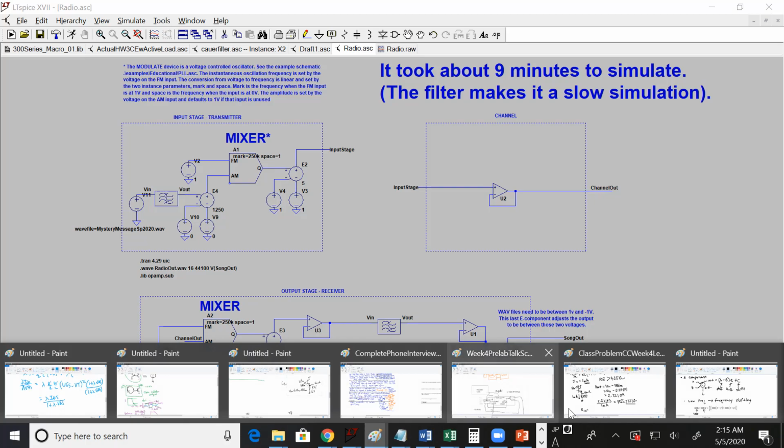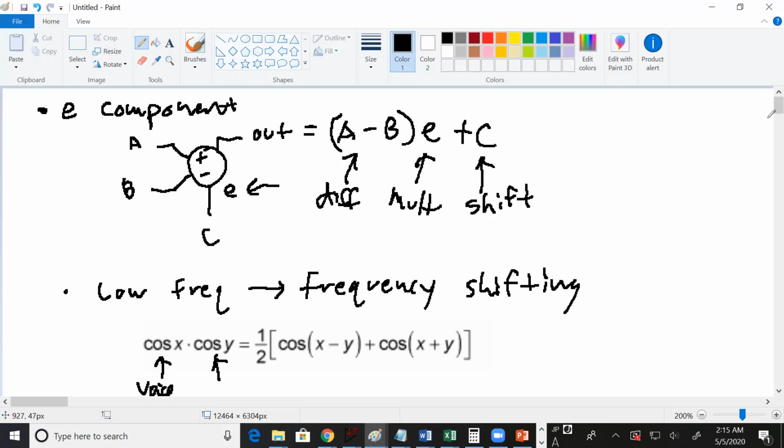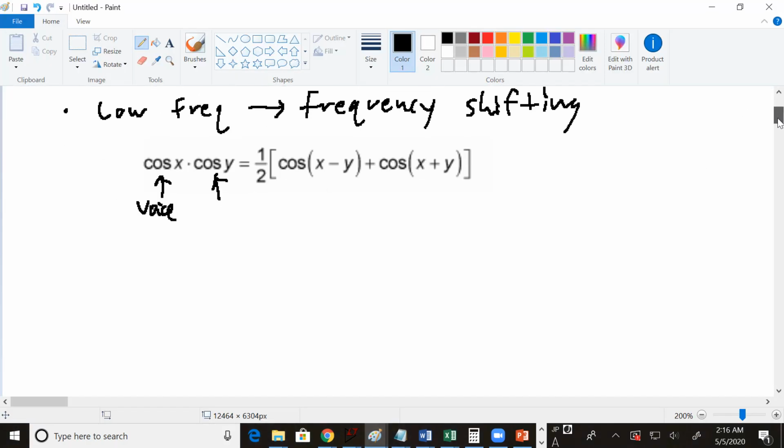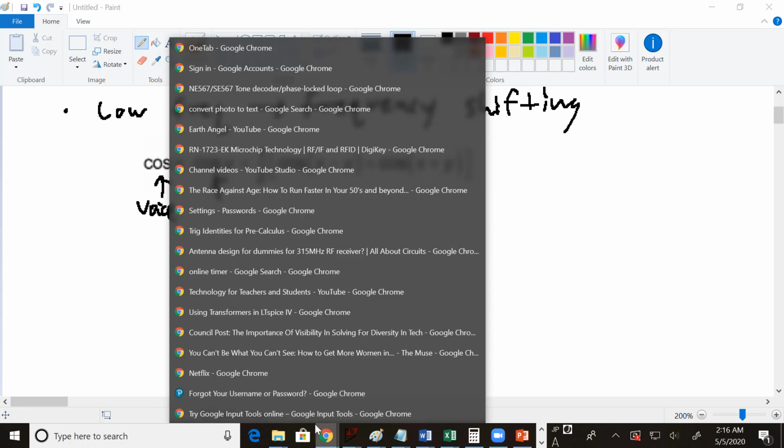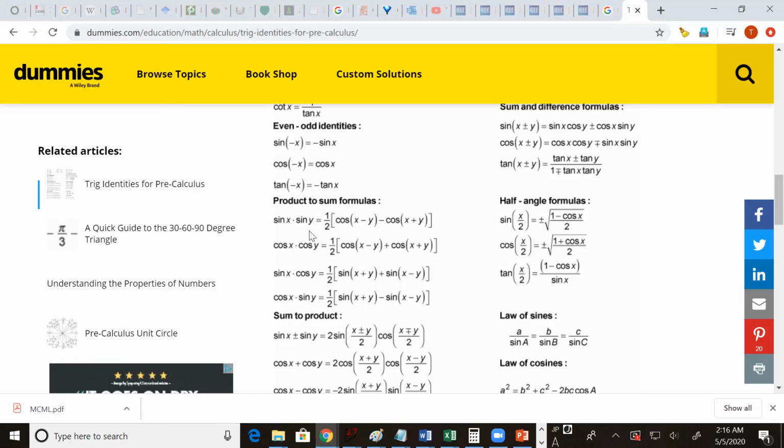Let's do a touch of math. The trig identity we're going to use is this trig identity. There are some other ones that you can use and you get the same result, any of these multiplying identities, but this one is cosine in, cosine out, so it's easy to use.